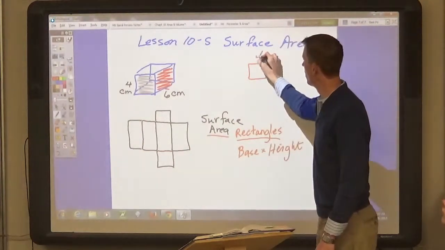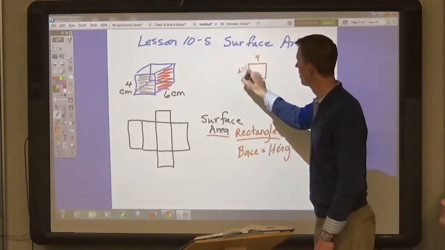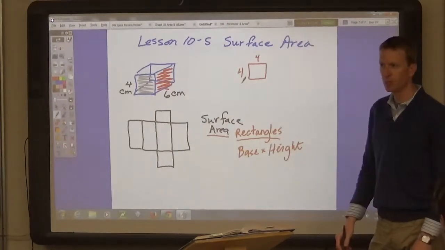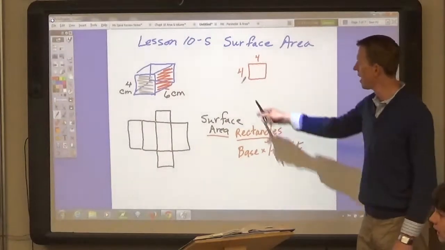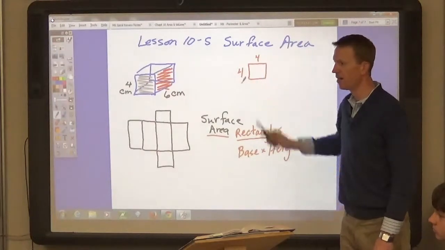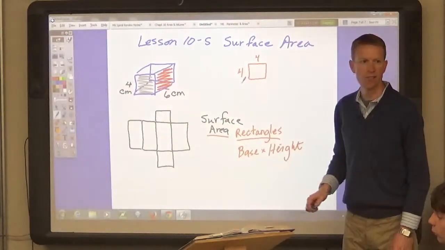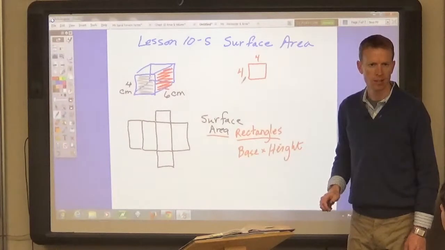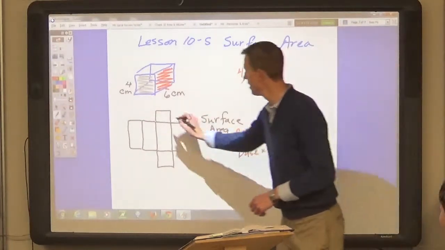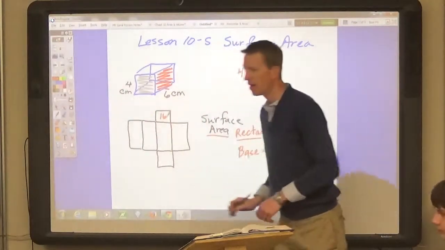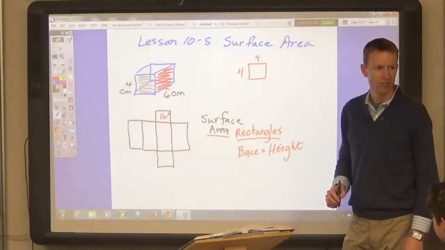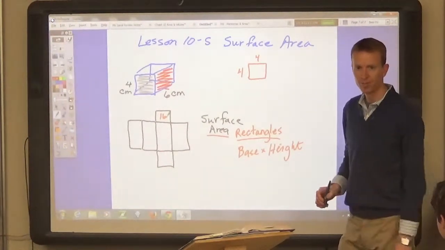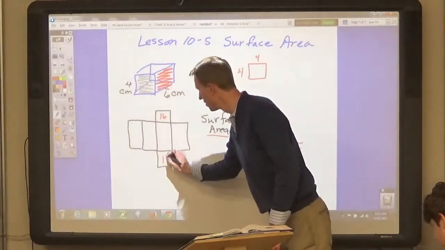Side times side to get the area of the square. So what is the area of the squares? Joey? 16. And what's the area of the other one? John? 16. They're equal, aren't they? Yep.